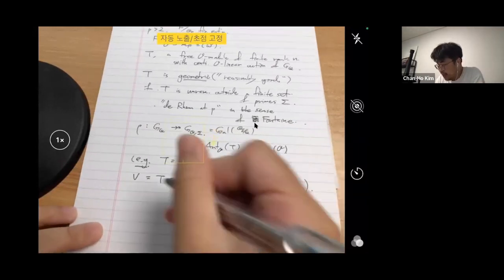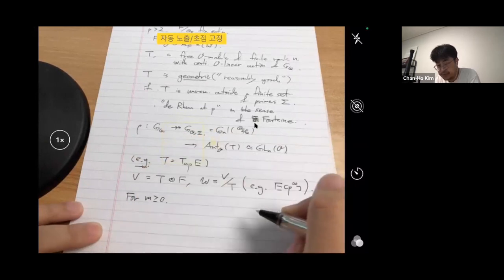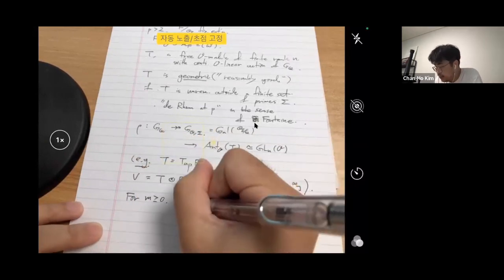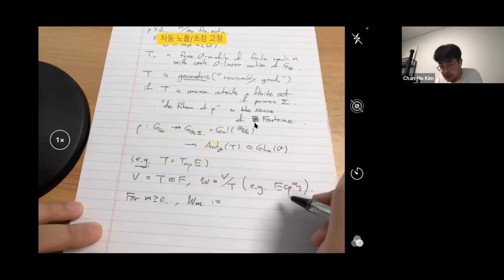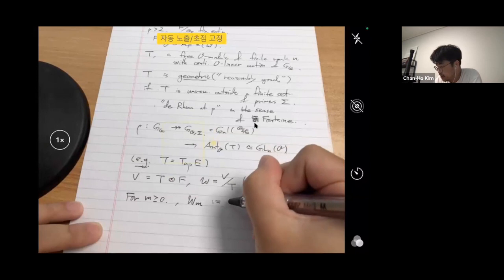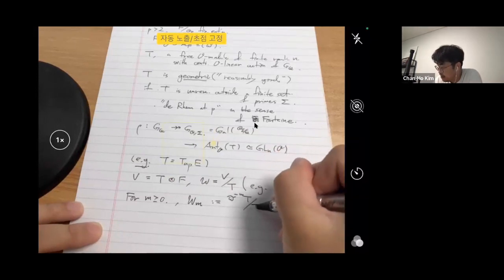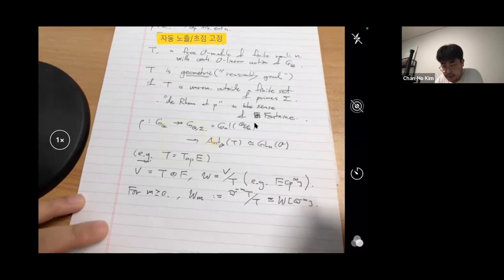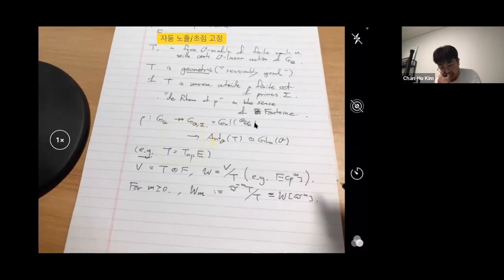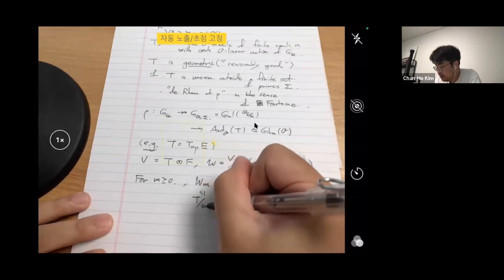For each integer m larger than or equal to 0, we say W_m is the varpi^m torsion, which is varpi^{-m}T over T, just W[varpi^m].